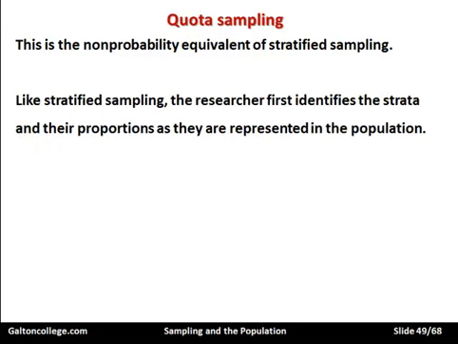If it's an attitude survey about people's attitudes towards government policy, let's say, then they must identify the different strata by gender, by age, by location, by occupation, by education. They must look at the different strata of the population and then try to work out how many from each should be included.